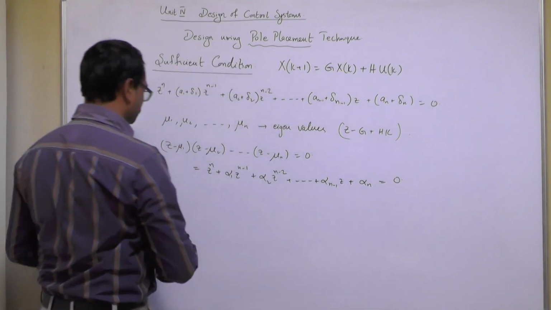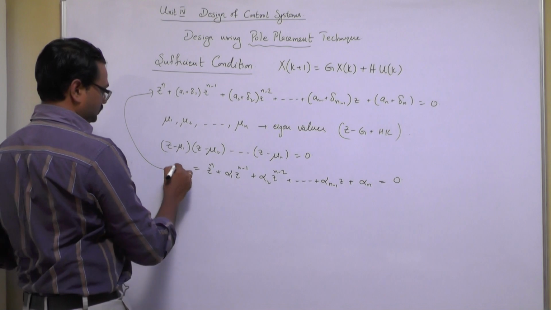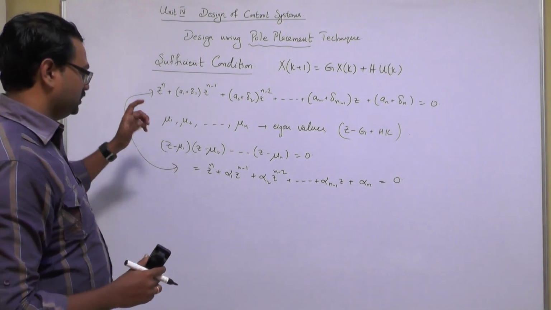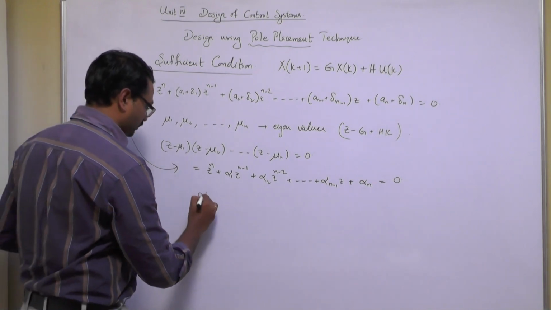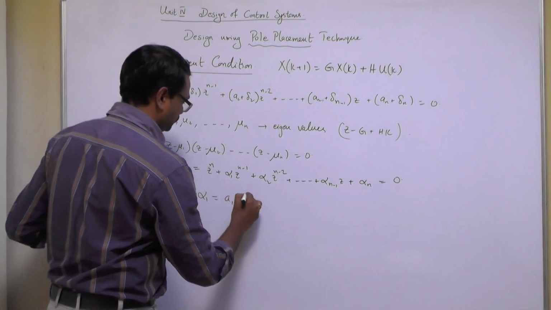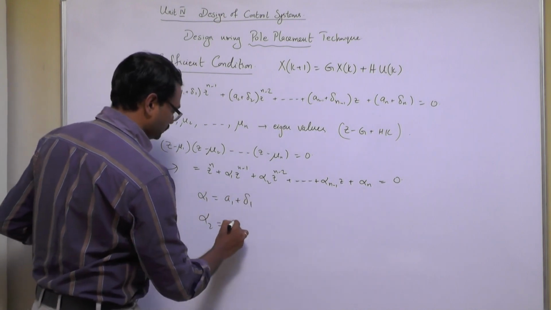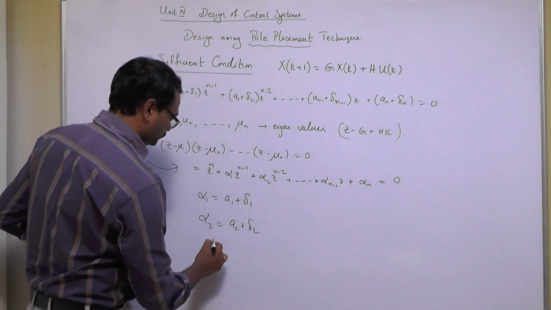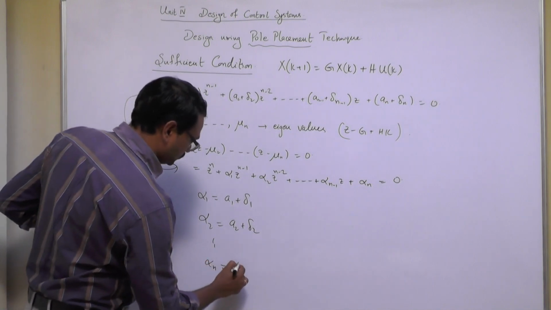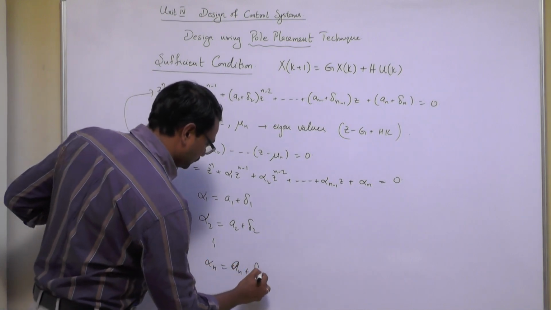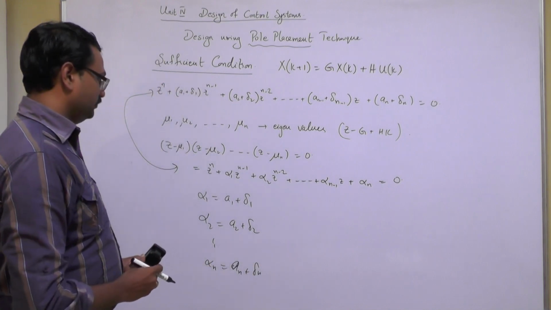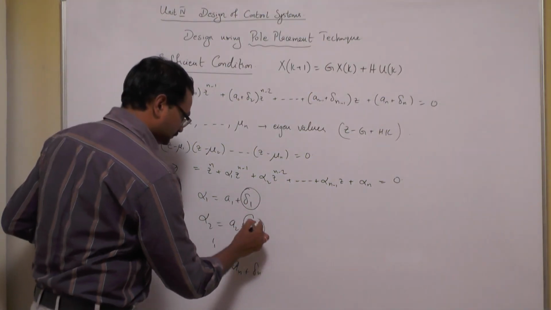Now when we equate these two equations, equating the coefficients of the same order, we have alpha 1 is a1 plus del 1, alpha 2 is a2 plus del 2, and so on, alpha n is an plus del n. Right. Now we require only del.